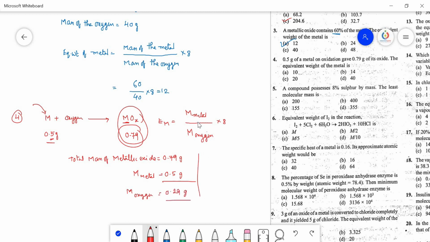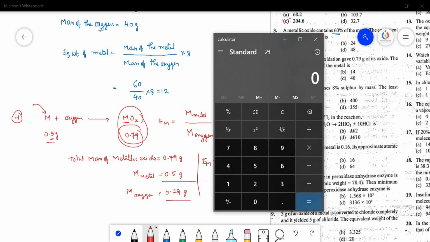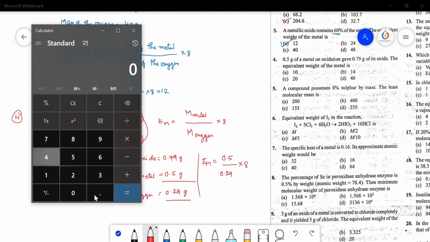So here we got the metal mass and the oxygen mass. So the equivalent mass of the metal equals the mass of the metal, 0.5, divided by the mass of oxygen, 0.29, into 8. Let us try to solve this. So 0.5 into 8 divided by 0.29.